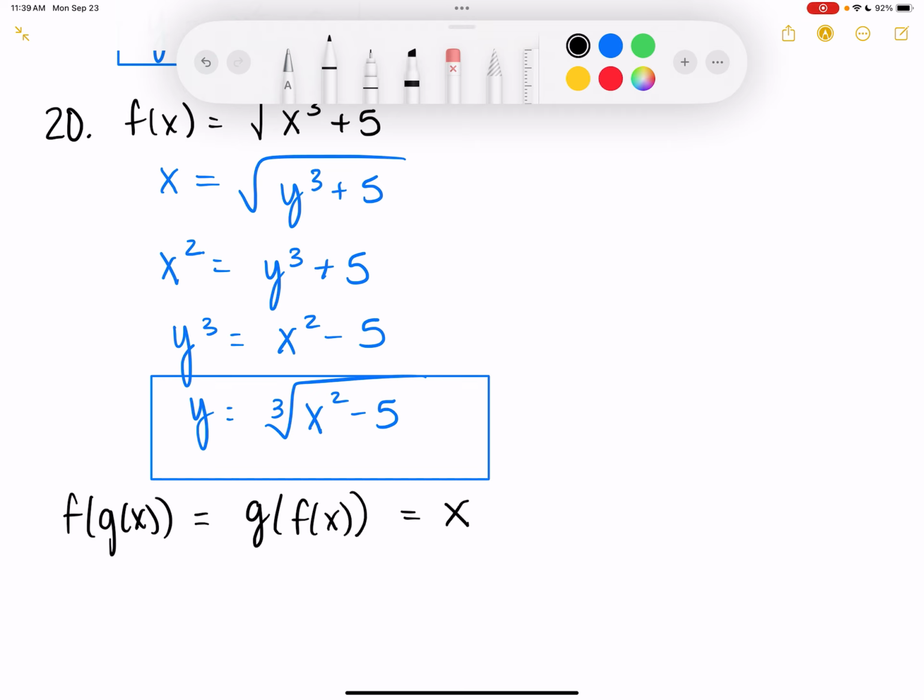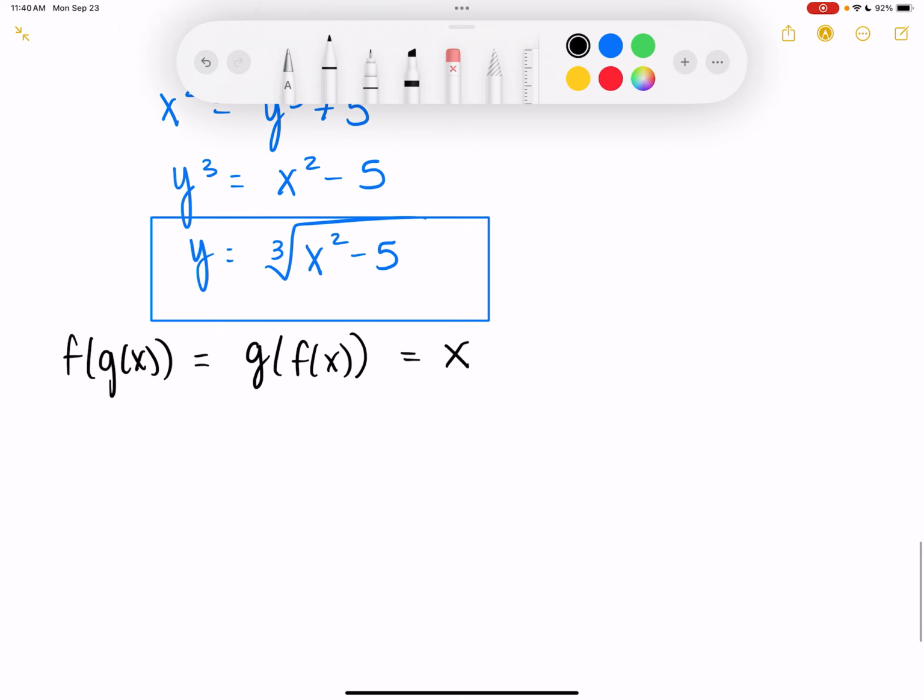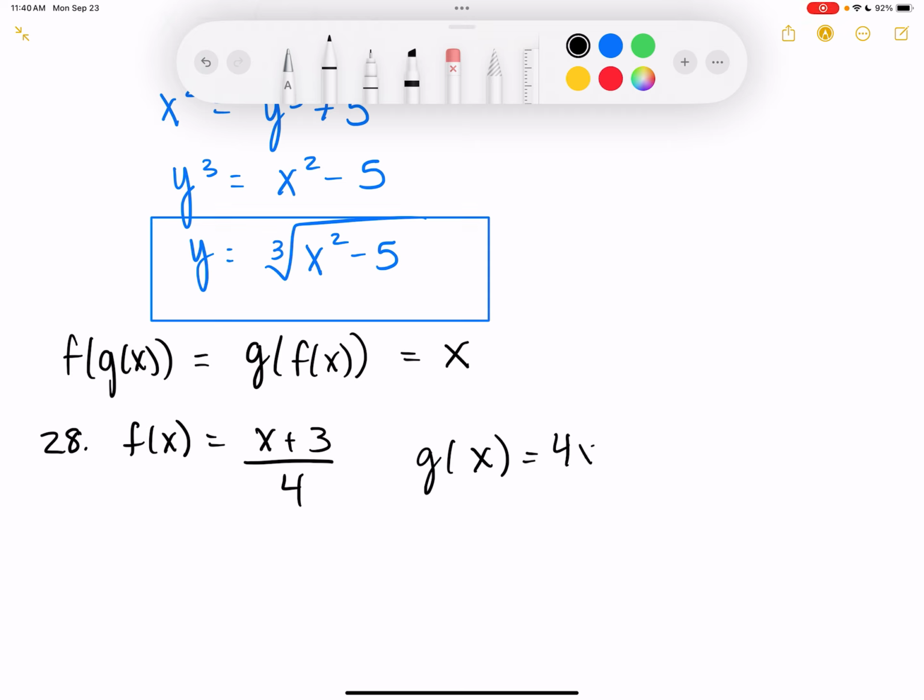So basically, if a function is an inverse of another one, then when we check them either direction, it should come out to be equal to x. And that'll show us that they are truly inverses. So the first one is 28. I've got f of x equals x plus 3 over 4. And g of x is equal to 4x minus 3.